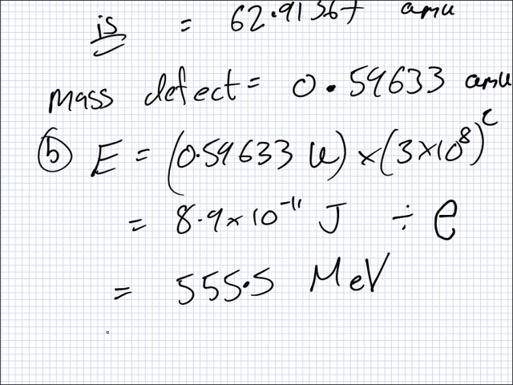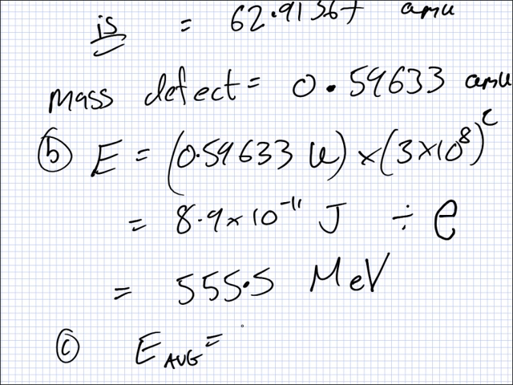And finally, what is the energy per nucleon? So that's like an average per nucleon. So how do I get that? Energy per nucleon. How many nucleons are there? Do you know what nucleons are? Nucleons just mean protons or neutrons. They're the things in the nucleus. So how many nucleons are there? 63.